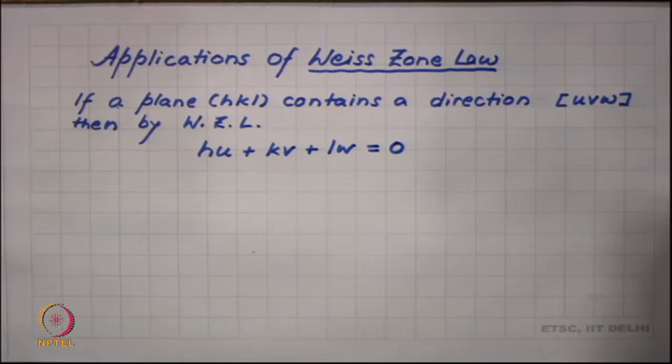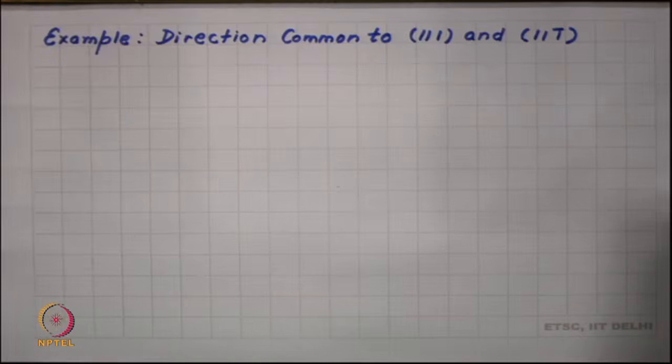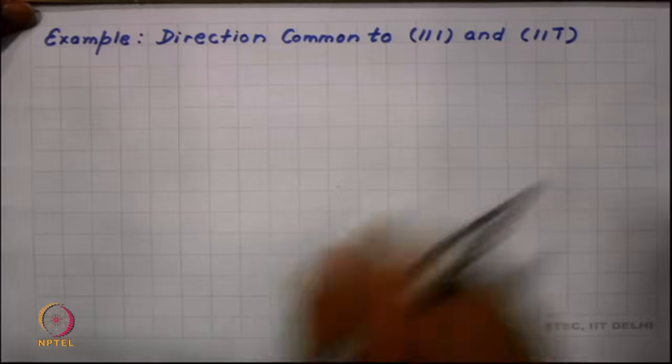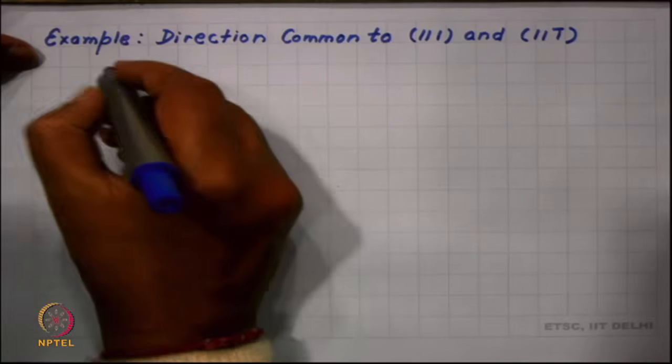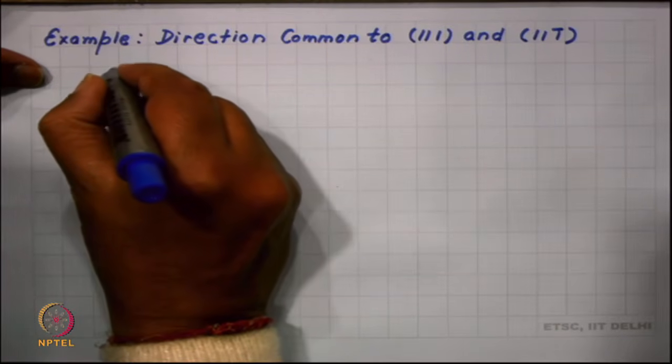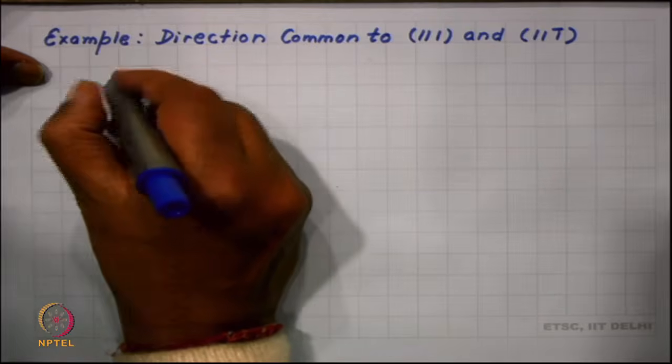This law is very useful in solving certain crystallographic problems, and we will try to do that now. We will take as an example the problem of trying to find a common direction, a direction common to the (111) plane and the (1 1 bar 1) plane. So, I have been given two planes and I want to find a common direction.